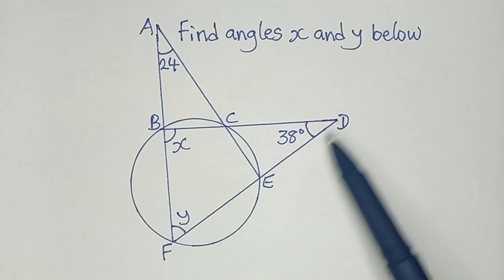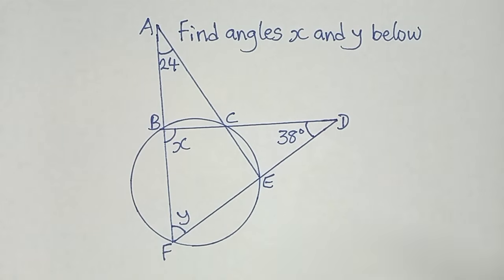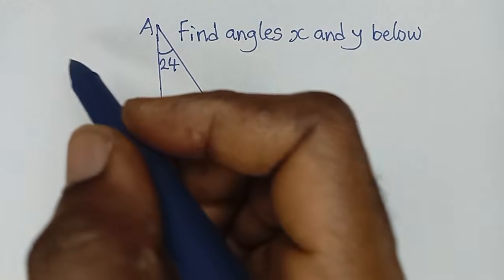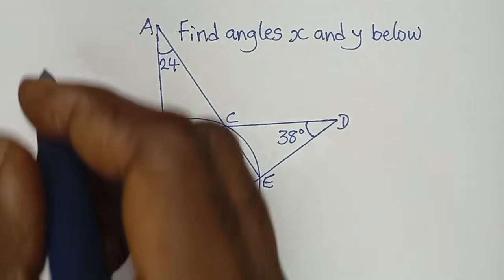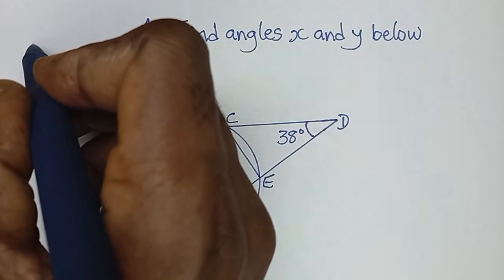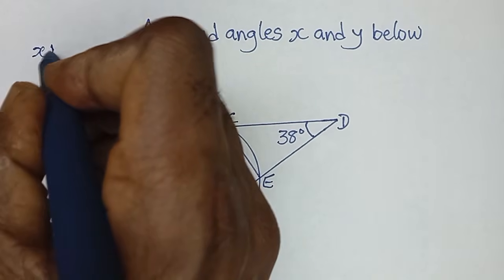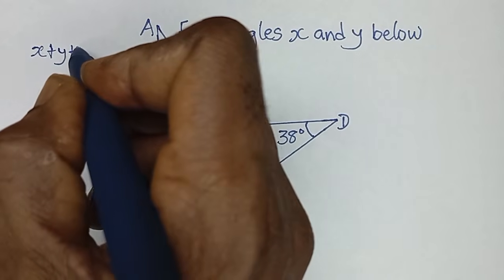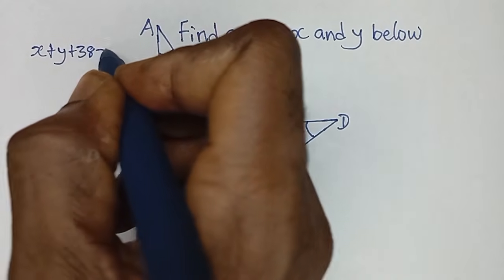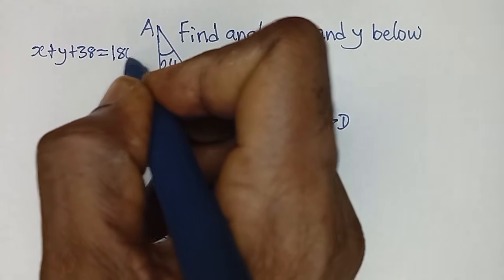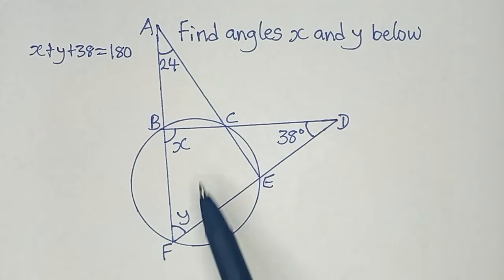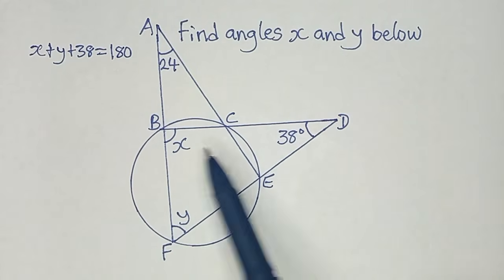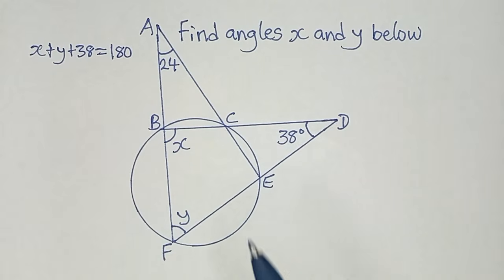Triangle BDF. You agree with me that from triangle BDF, angle X plus Y plus 38 is equal to 180, because the sum of angles in a triangle is 180 degrees.